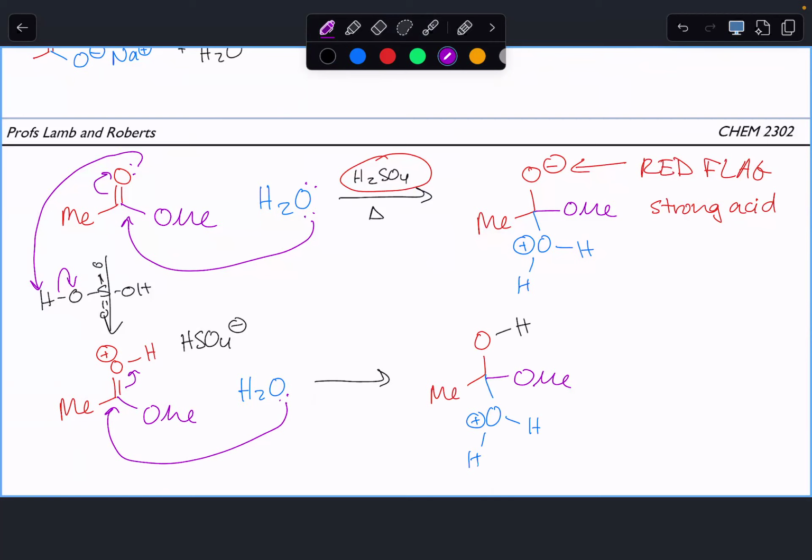And so being able to recognize when something goes wrong, right? So recognizing that we have all positive charges, no negative charges. So this is good, right? We're in strong acid. You want to be checking your charges as you go. So that's part of recognizing the formal charges and Lewis structures as you go. So I'm just trying to emphasize that you don't need to know the answer, just notice it as you go and try to figure out when something goes awry. All right, thank you very much.